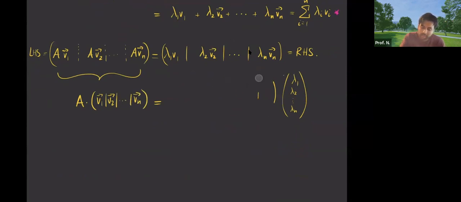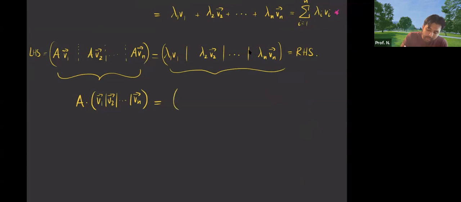It's just this. And then how would we treat this? This is the little tricky part. We would have also V1, V2, Vn, but then we would have a diagonal matrix.